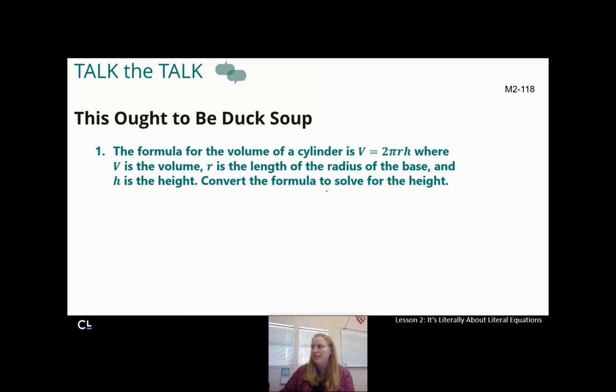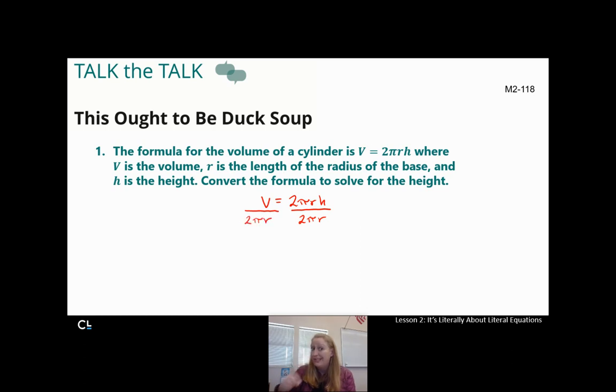All right, so here's my formula. V equals 2 pi r h. I want to get the h alone, but it's being multiplied by these jokers. Well, you undo multiplication with division. So let's divide by 2 pi r, but if you do it to one side, you must do it to the other.